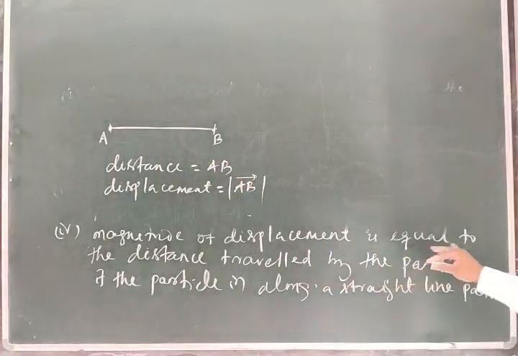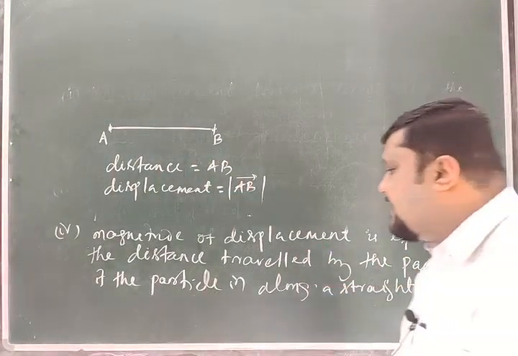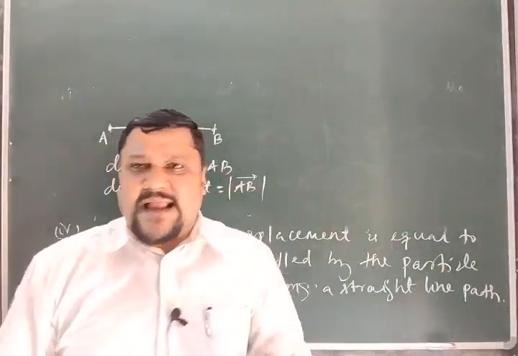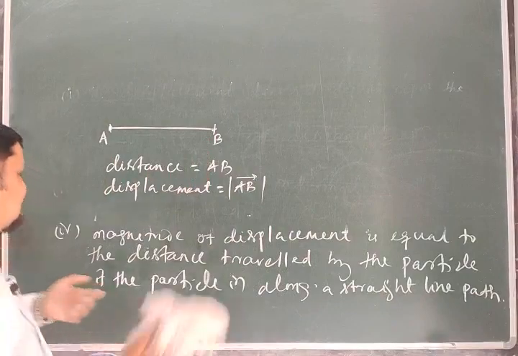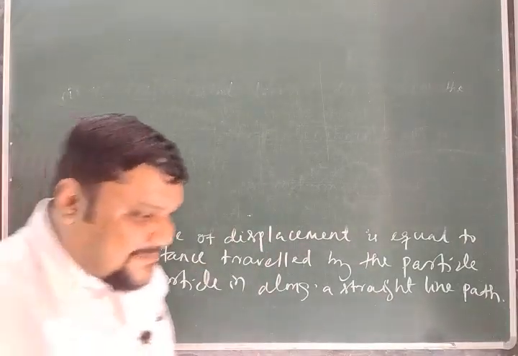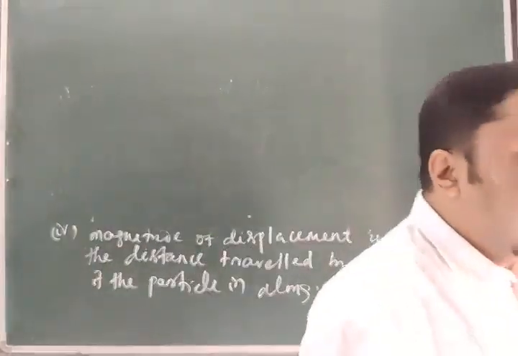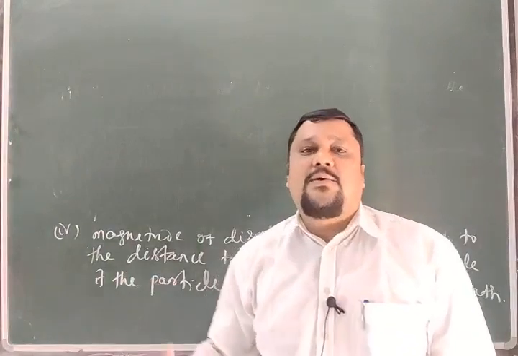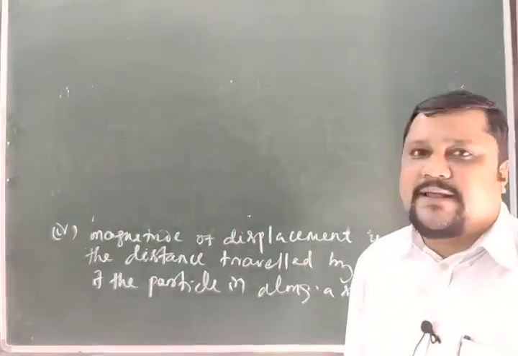The magnitude of displacement is equal to the distance traveled by the particle if the particle is along a straight line path. If the particle is not along a straight line path, then another thing is that the displacement of a particle is always less than or equal to the distance traveled by the particle.